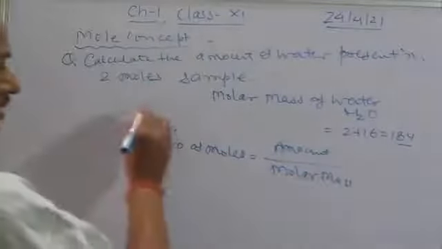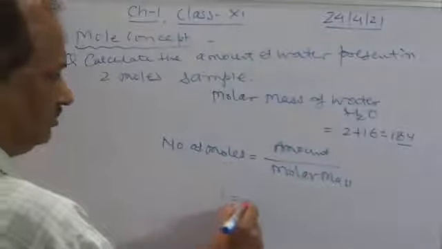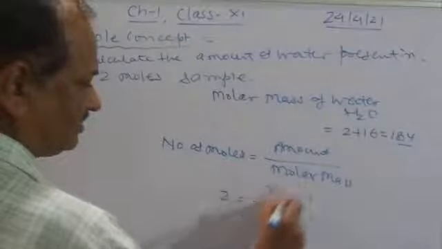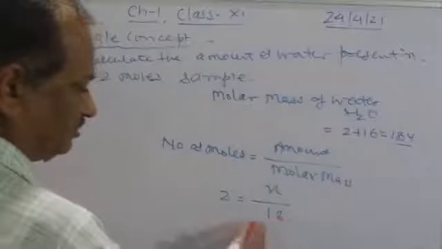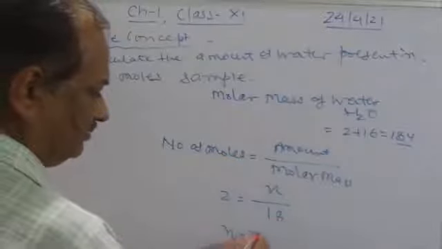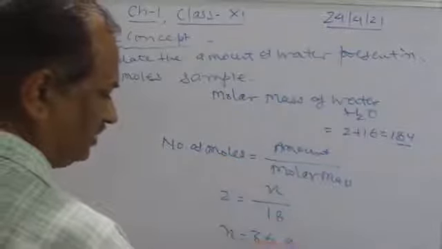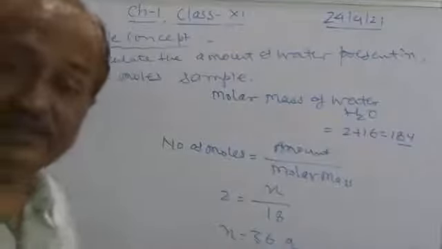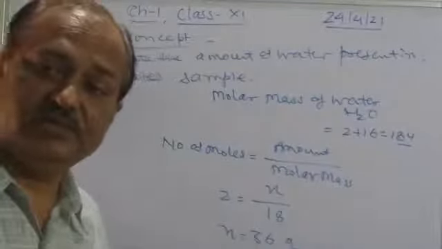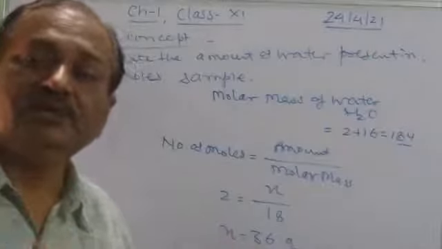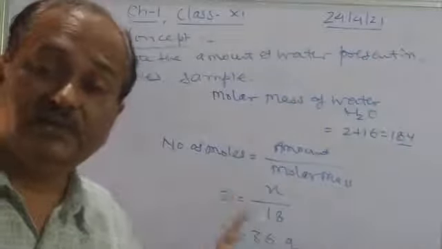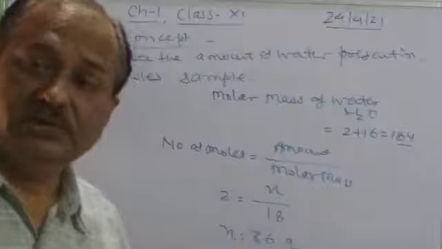Here the number of moles is 2. Let the amount be x, and here it is 18. So x will be 36 grams. This is the way we find it. So this is the first way, about the moles.